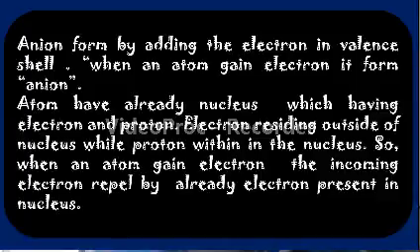So when an atom gains an electron, we know that the atom already has protons and electrons. When we add an electron to the atom, the incoming electron is repelled, because similar species having similar characteristics always repel each other.